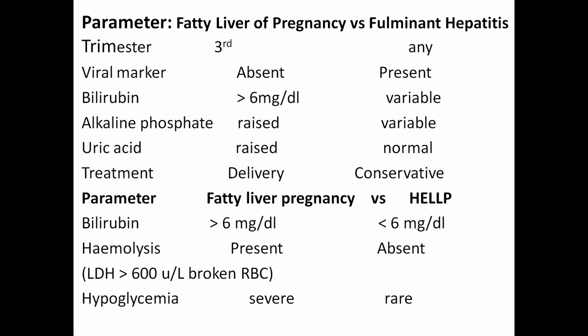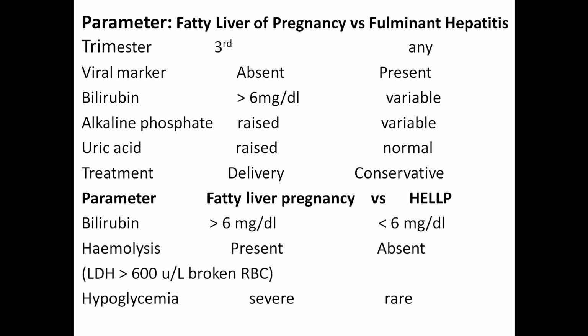And the second important feature is hemolysis in the HELLP syndrome. Hemolysis occurs in HELLP syndrome. It will be absent in fatty liver, while in HELLP syndrome it will be present. So how will the patient present when there is hemolysis?